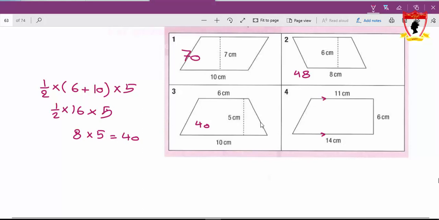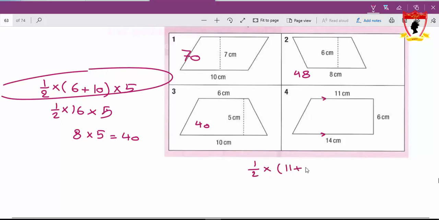Since it's a trapezium, we can apply the trapezium rule on it. Then it looks like this: 1/2 times 11 plus 14, then times the height. This side represents the height because it makes a 90-degree angle with the base. Then times 6. 11 plus 14 is equal to 25 times 1/2 times 6.